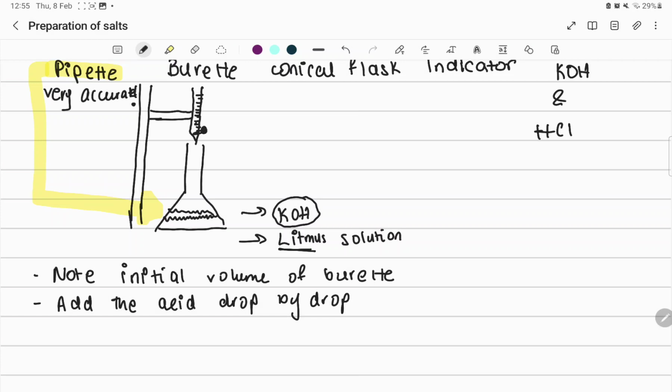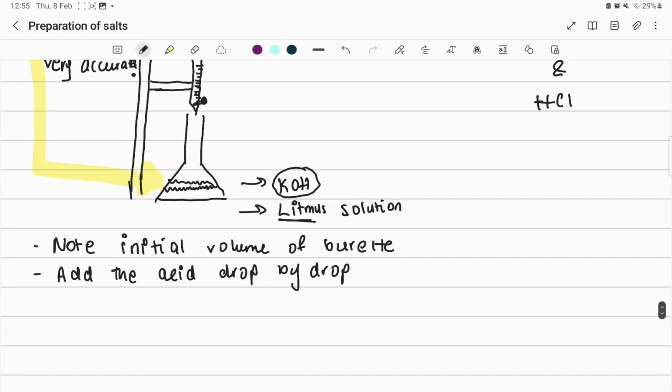So you need that volume and you need to stop at the point when you have formed your salt because you do not want the acidic substance, you want the neutral substance, you want your salt. So you're going to be careful and you're going to do it drop by drop. Note the volume of the acid when the litmus solution changes color.